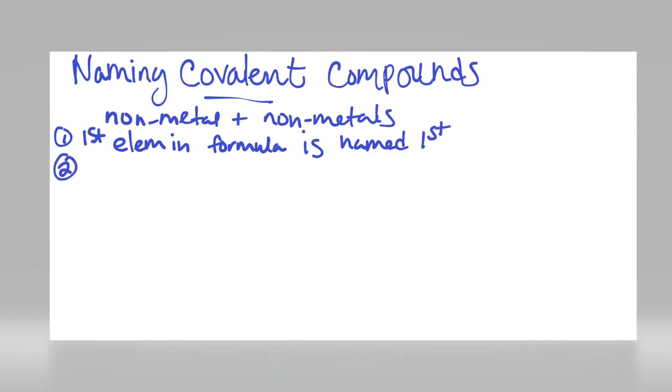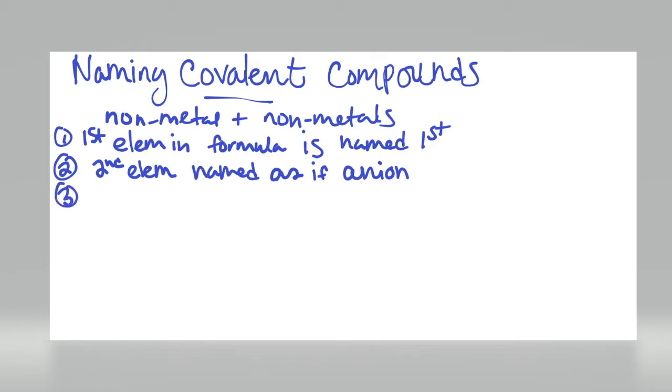Moving on to the second rule, because we'll put these rules in action in a moment. It'll make more sense later. The second rule is that we want to make sure that the second element is named as if it were an anion, right? So you'd have oxide, bromide, things like that.